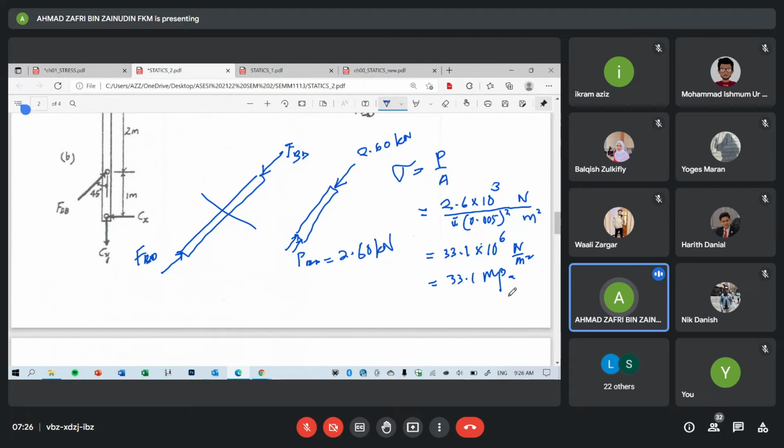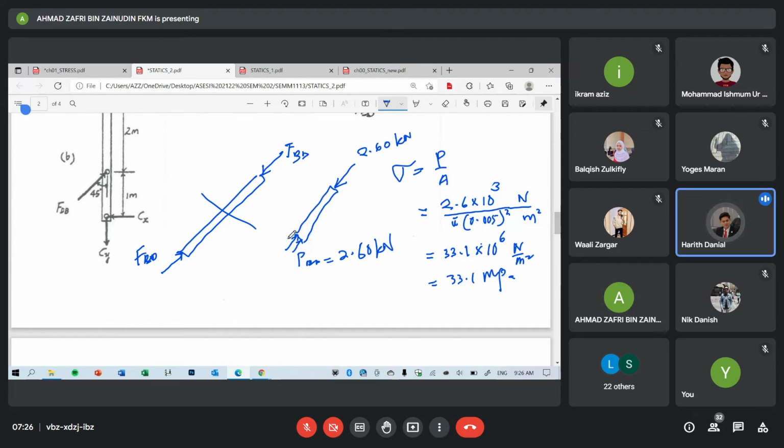If you give your answer like this, normally we don't put a plus sign for positive, so if we don't put any sign here, we assume it to be positive. Positive is for tension. Is it tension or compression, based on the internal force?